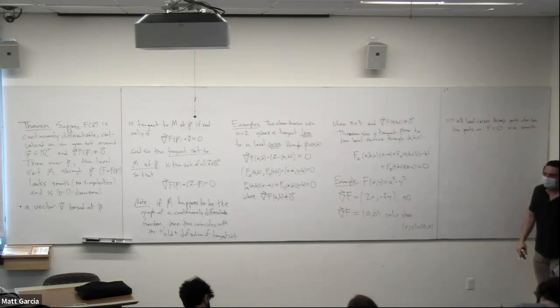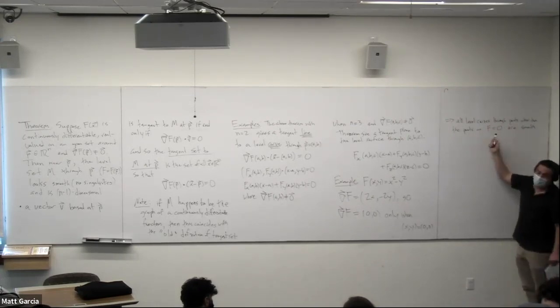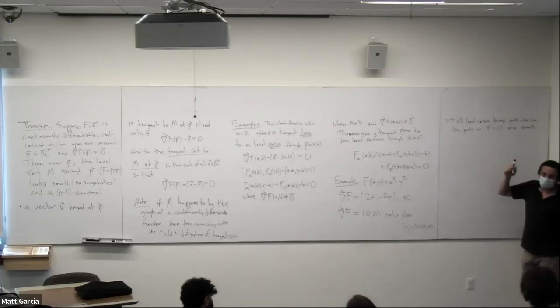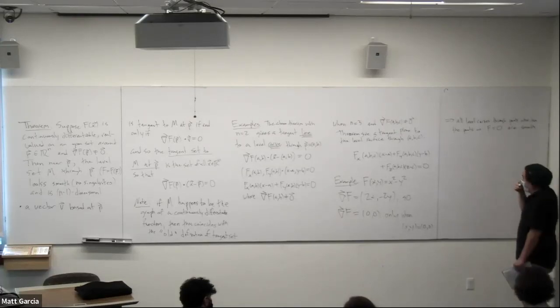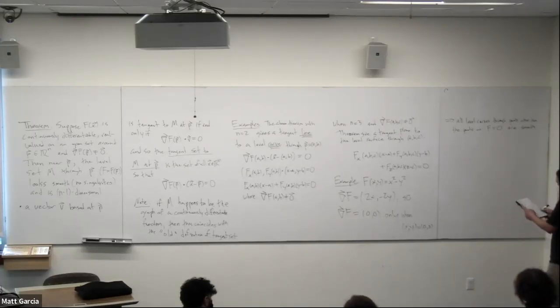We've said a bunch of different things for what smooth actually means, but here what we mean by smooth is that we can define a tangent set in a coherent fashion. We can say uniquely what the tangent set is at any given point on any level curve other than this one.